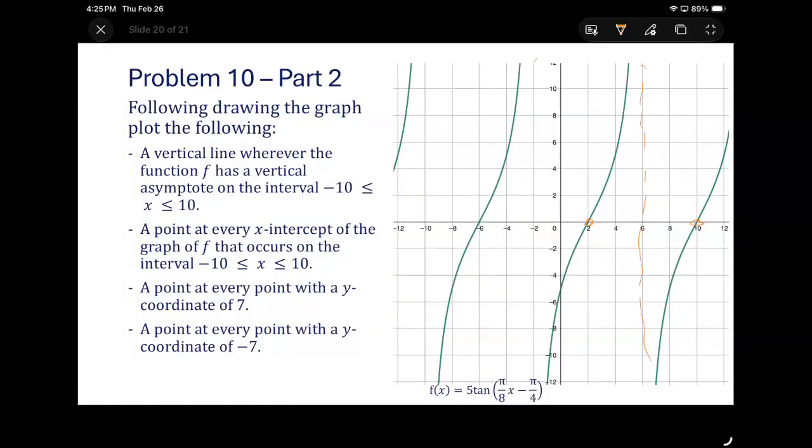So every 4 from every point, we're going to have an asymptote. And then every plus or minus 8 from 2 will have another point. And then you graph the 5 from the amplitude I mentioned earlier as well, for all of those, but there wouldn't be one over here because it cuts off at 10.